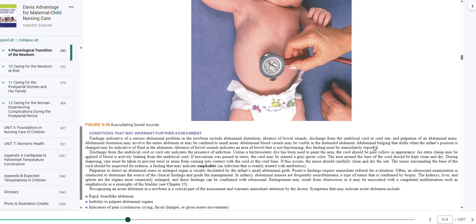Genitourinary findings. So when we're assessing the baby, we do just like adults: we look, listen, and then feel. So all 4 quadrants. We feel laterally across the abdomen.